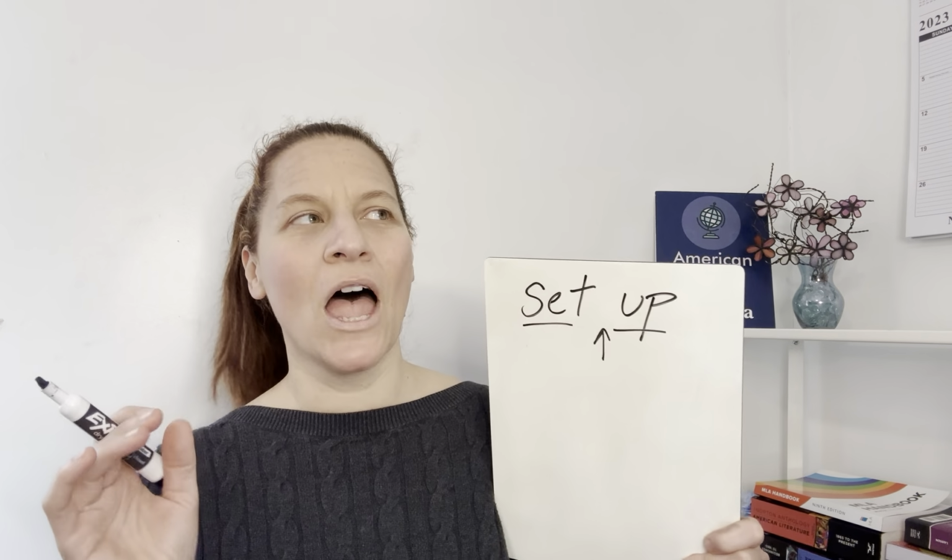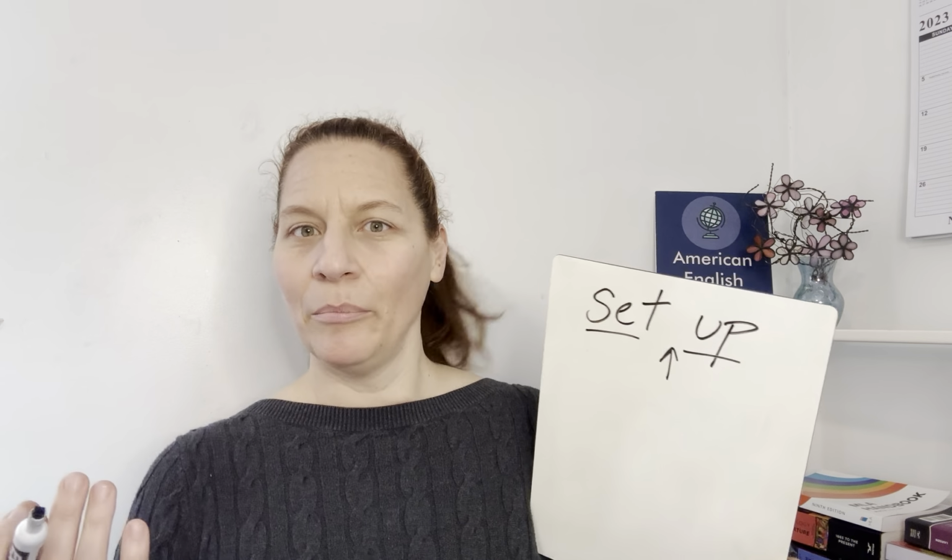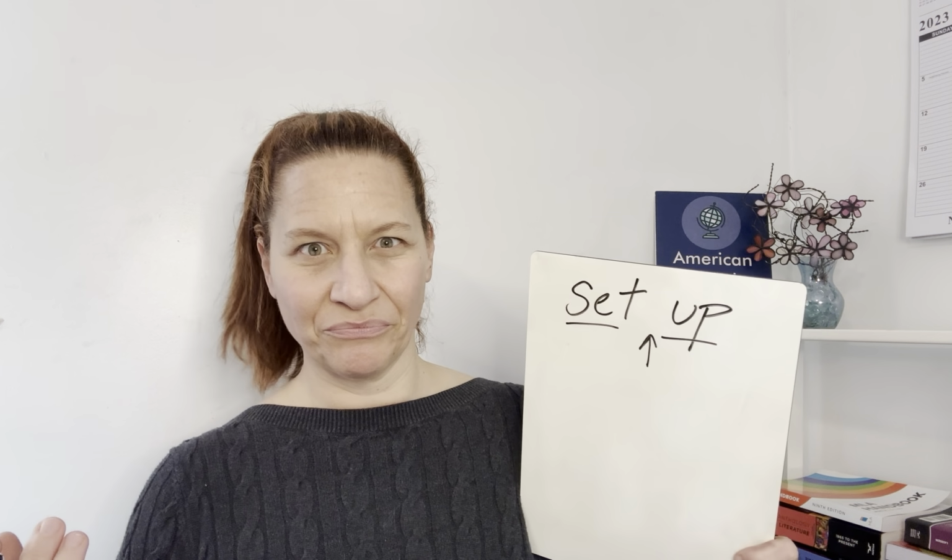When we set something up, we're getting it ready. We are moving things into a certain position or a certain place to prepare for an activity or an event. We're setting up before the activity or the event.